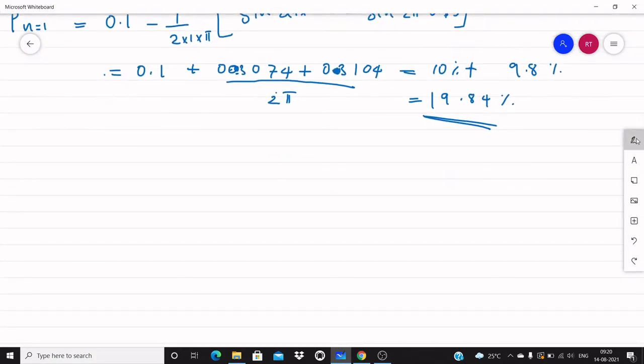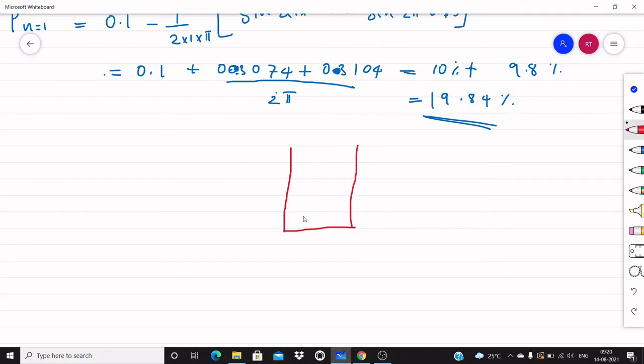So let us plot it. If you remember, mod psi 1 square, we had this one.